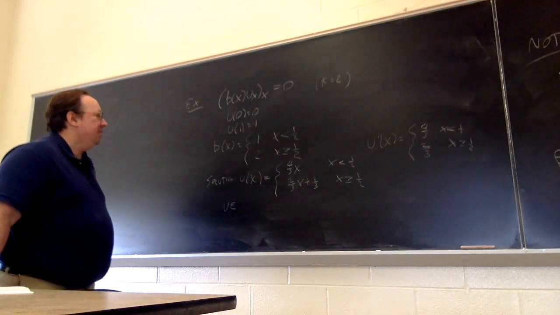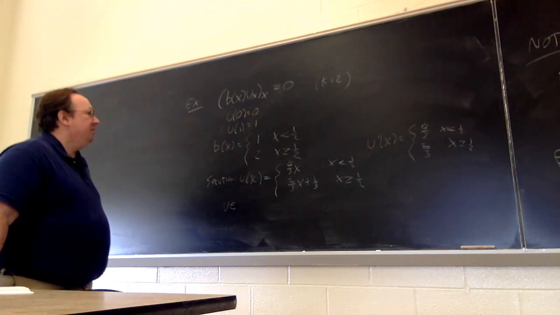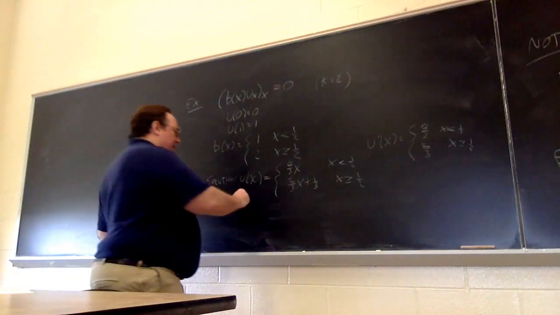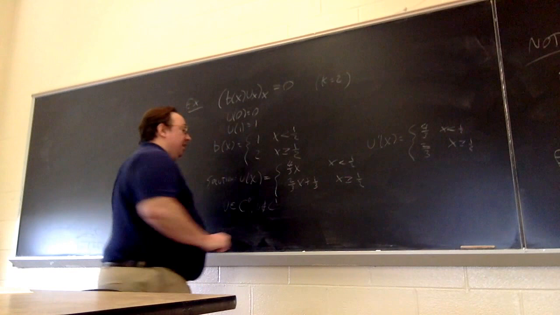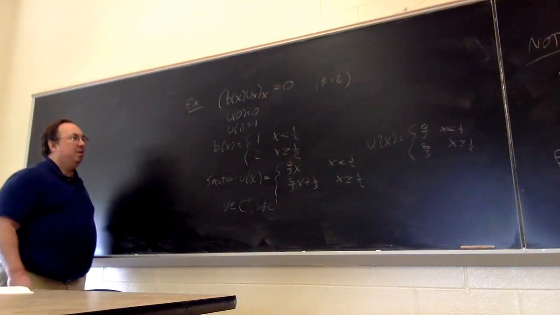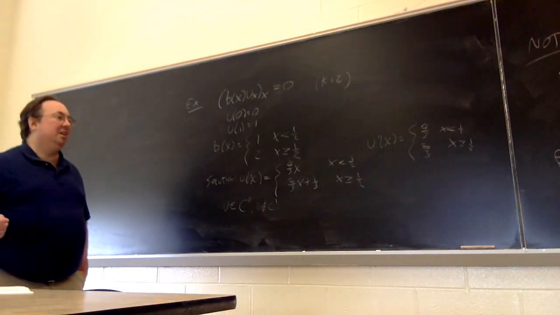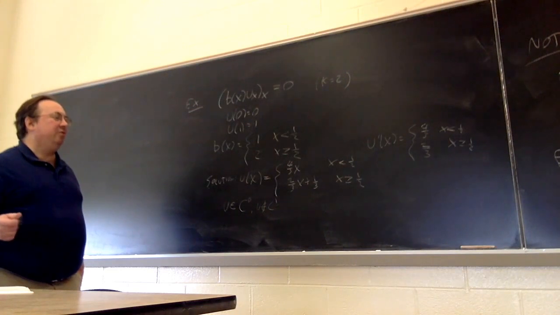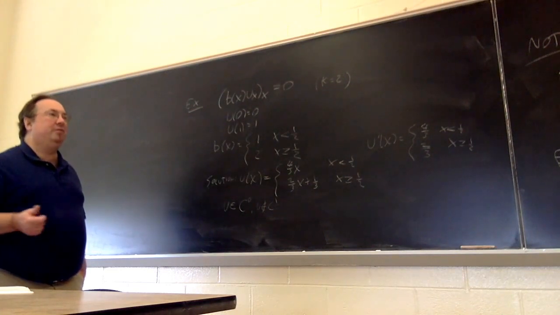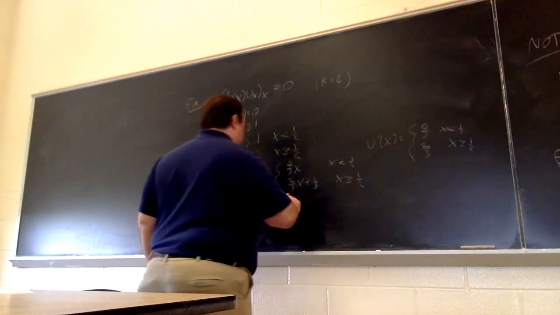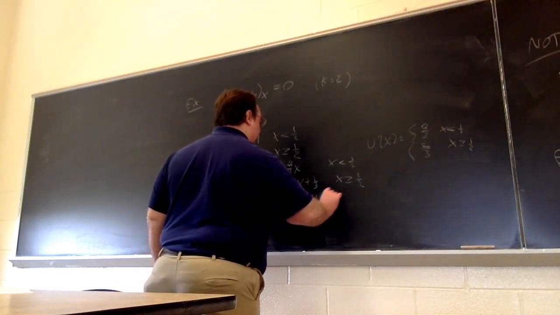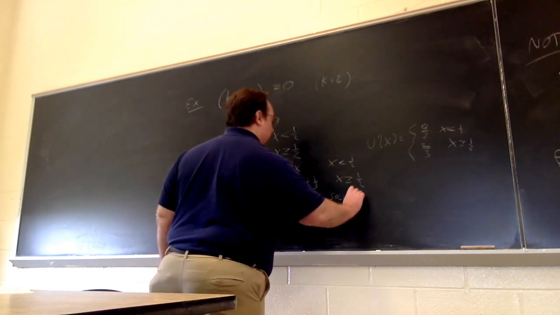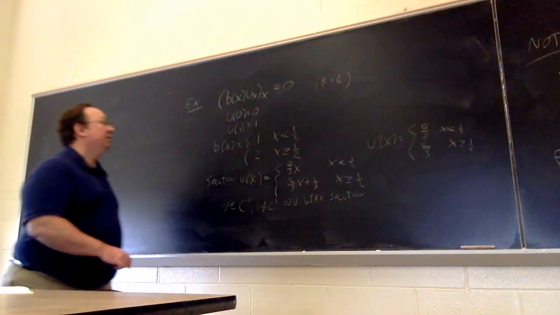So it's C0, but it is not in C1. So we actually needed it to be C2. Now, the second derivative is 0 throughout, but this discontinuity in the first derivative kills it, and it kills any chance of it being a classical solution. It is only a weak solution.